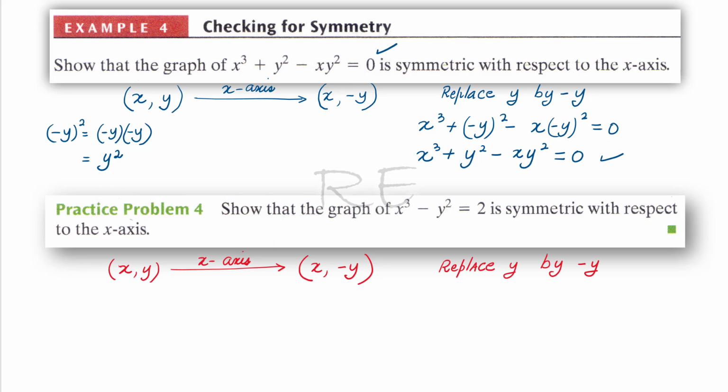Therefore, we're going to replace y by negative y and see if the original equation stays unchanged. I'm going to have x cubed minus (negative y) squared is equal to 2. And we know that (negative y) squared is equal to y squared. Therefore, our final answer is x cubed minus y squared is equal to 2. Therefore, the function is symmetric about the x-axis.